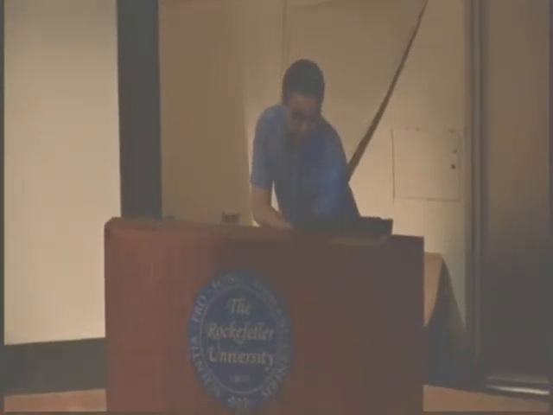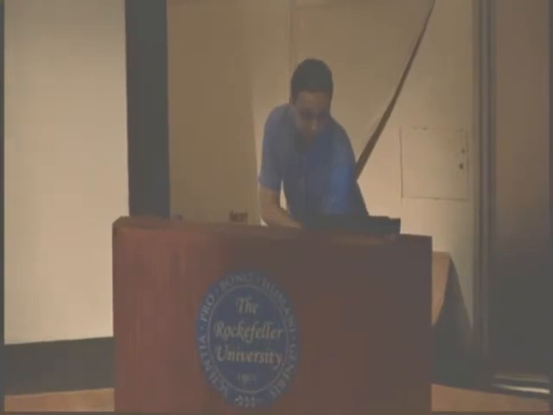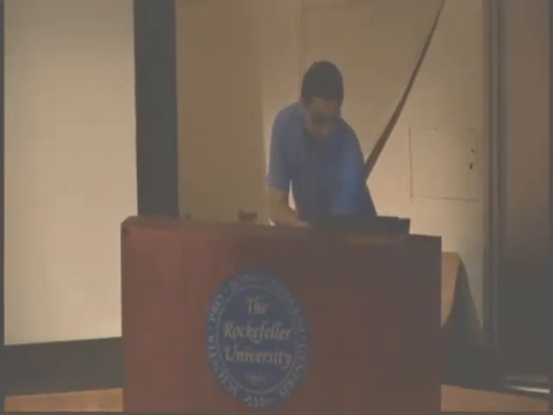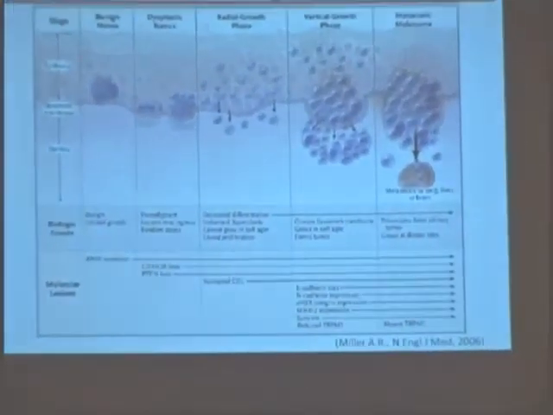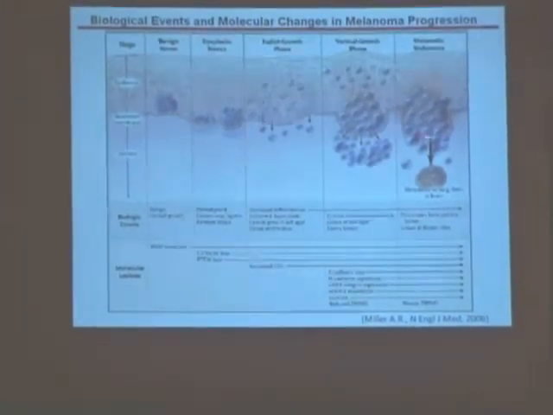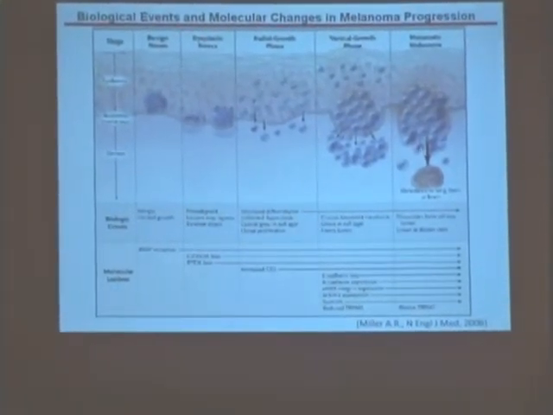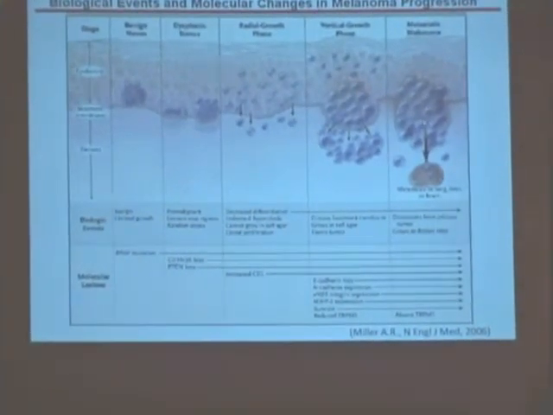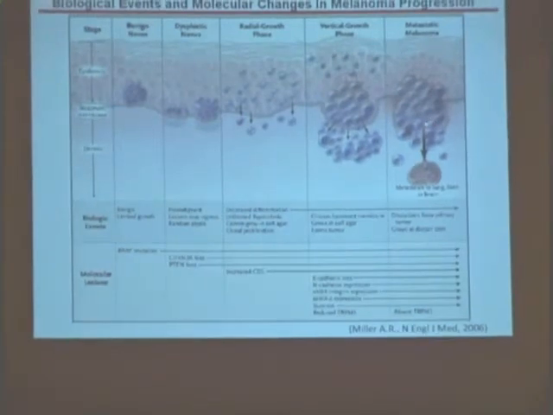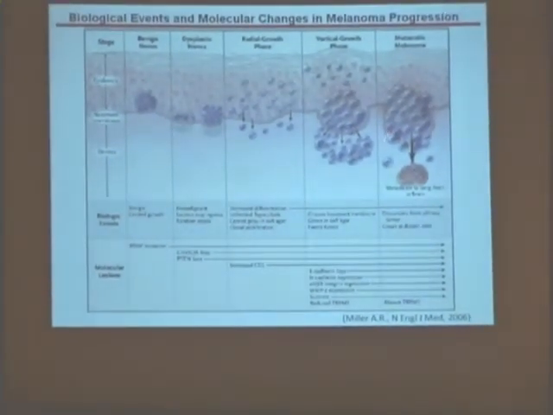So if you remember this slide, what happens is that these melanoma cells, which are cancer cells, have accumulated changes, and those changes allow them to migrate.